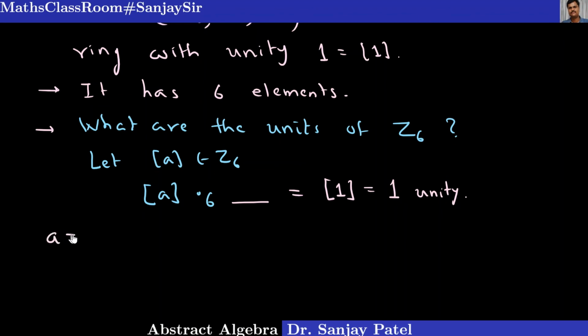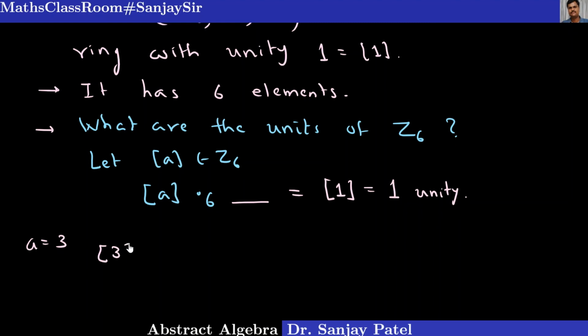If I take A equal to 1, then its inverse... let me not write it like this. First I will explain for one particular element. Suppose I take A equal to 3.